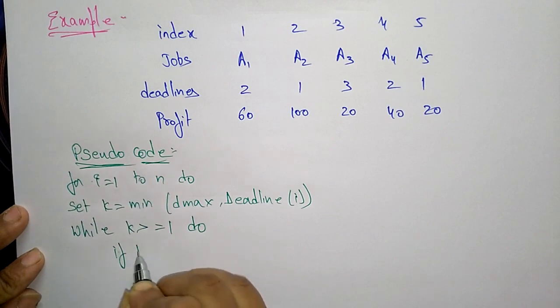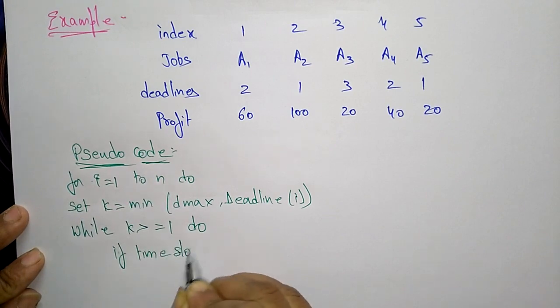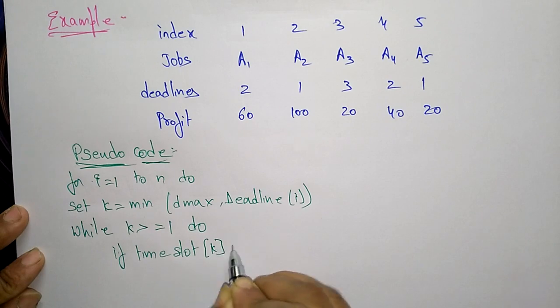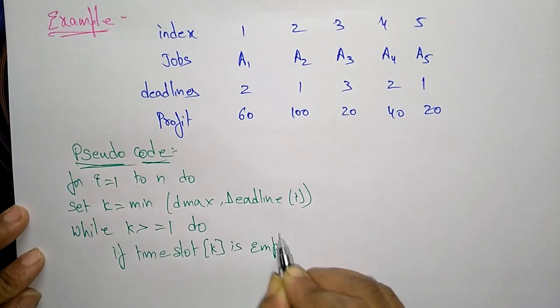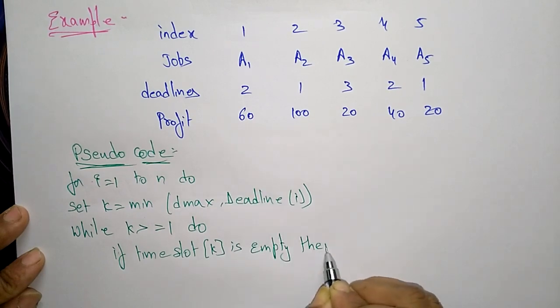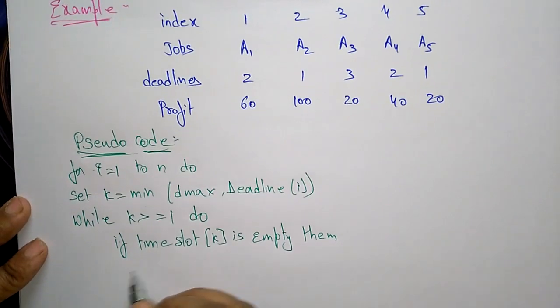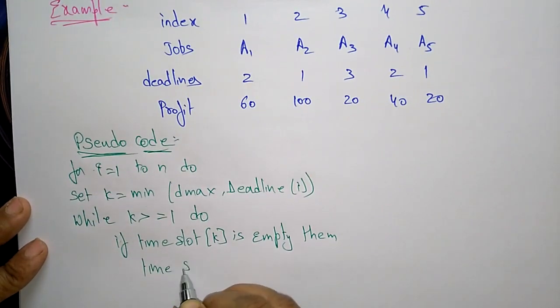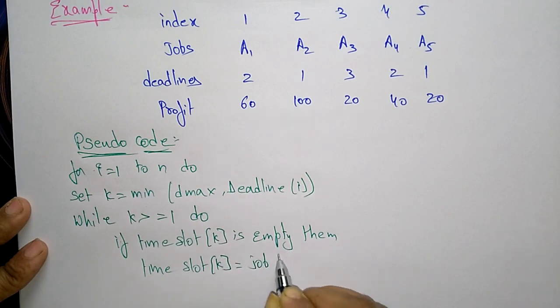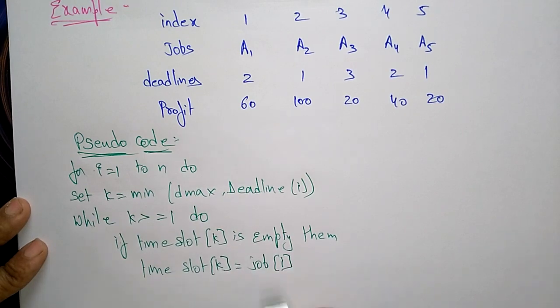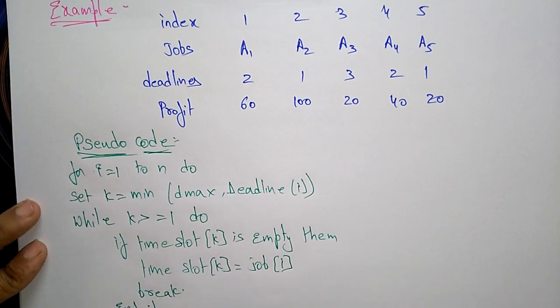If time slot of k is empty, then I have to fill the time slot: time slot of k is equal to job of i, and break the condition and end if.